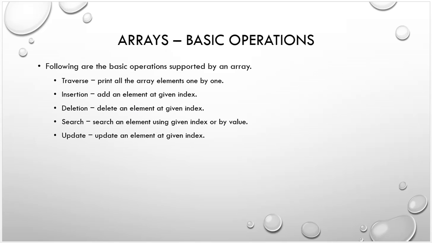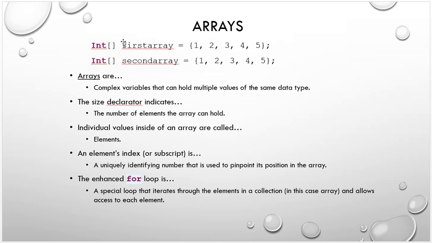Some of the operations that you can do with arrays, for example, you may need to go through all the elements and print them one by one. There you need to come up with an algorithm that traverses the whole array and prints each and every one of the elements in that array. For example, in this first array, we would need an algorithm that first says, okay, within this array, check index 0 and then print the value in index 0.